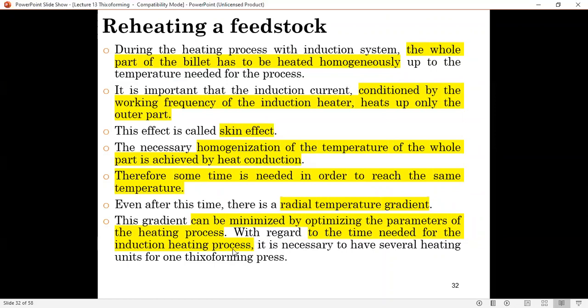So basically, it's very important for you to achieve a homogeneous temperature throughout the billet. In order to do this, you have to look at the temperature and also the time taken, the heating time, and the heating temperature needed.